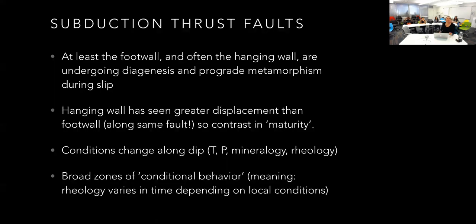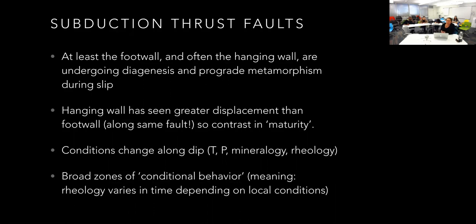So in summary, the main points from this part: the footwall and the hanging wall in subduction thrusts are undergoing diagenesis and prograde metamorphism during the activity of the fault. So the conditions are changing in real time while the fault is active. The hanging wall has seen greater displacement than the footwall along the same fault, so nothing about the system is actually restorable, which is a weird geometric phenomenon.